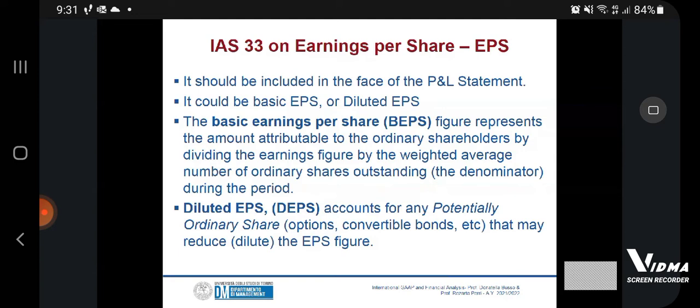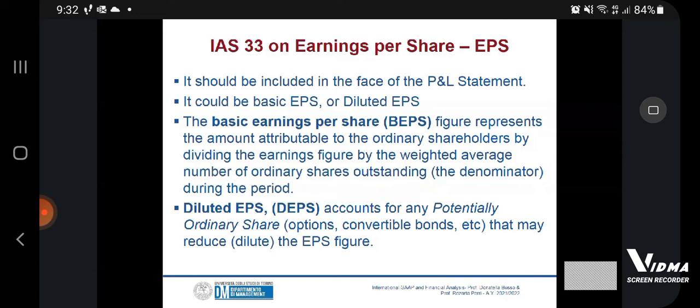To summarize, if there are options in issue, we are not sure if they will be converted into ordinary shares or not. Why? Because this depends on the fluctuations, the variations of the prices of the shares in the market. So basically, options are securities that give their holder the right to purchase ordinary shares from the company at a lower than market price.